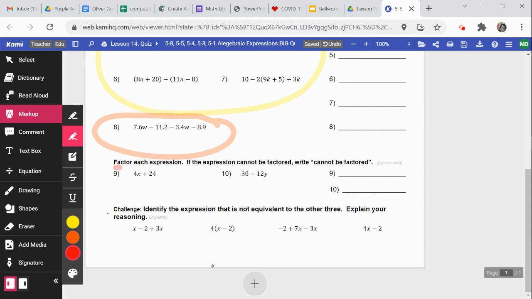Then you have factoring. So you should have something inside parentheses and something on the outside of them. Your challenge is for your extra credit, 2 extra points. There is one of those that does not belong, and then explain your reasoning. How do you know?